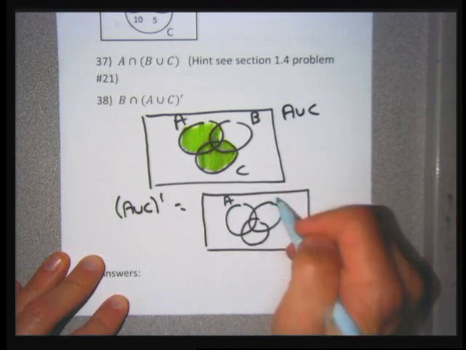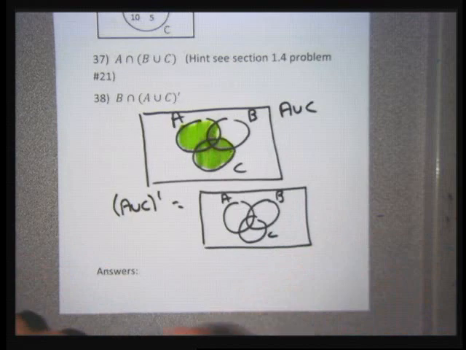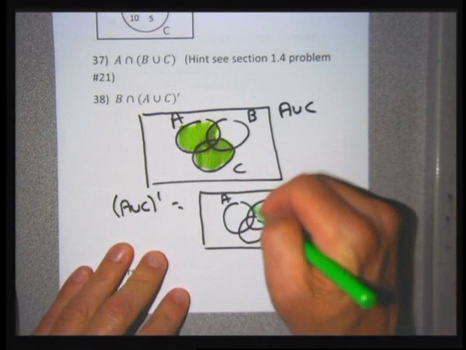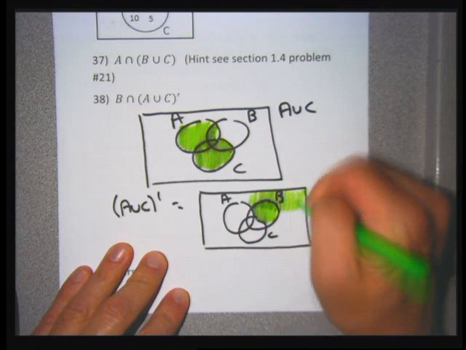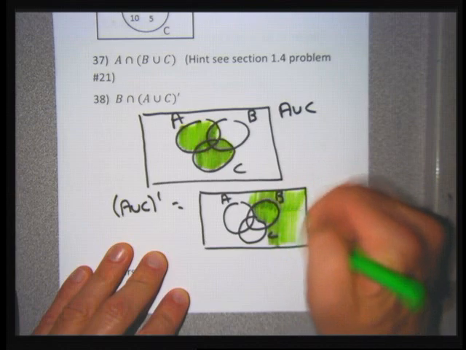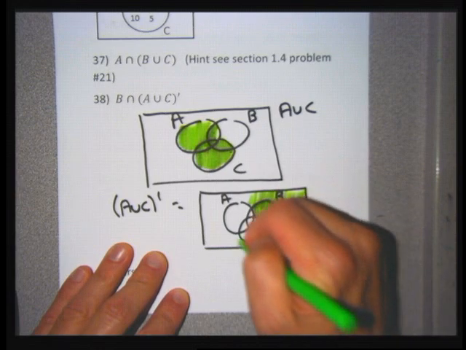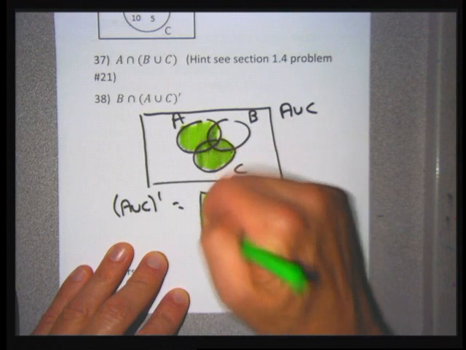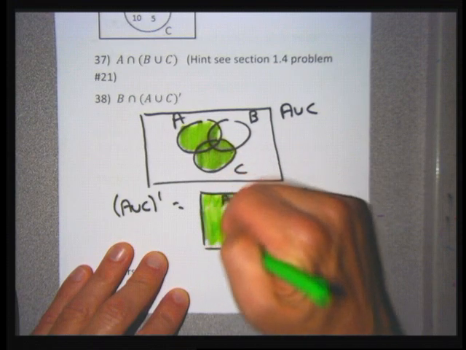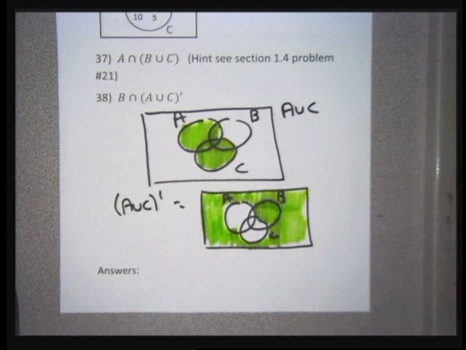Where it's white, it becomes shaded. So there's the graph of the parentheses, A union C complement. It's everything outside the A circle and outside the C circle.